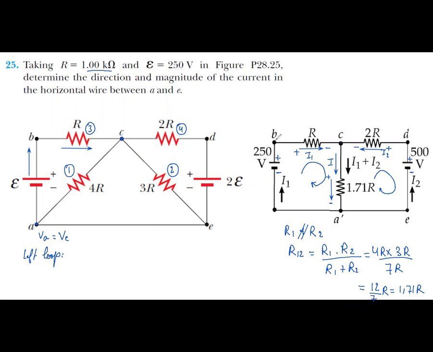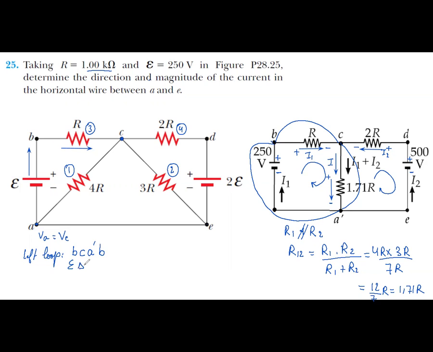We start from the point B, from the point B to the point C, from the point C to the point A prime, from A prime, here we have nothing, to the point B. So we go from the point B, C, A prime, B, and we apply the loop rule.